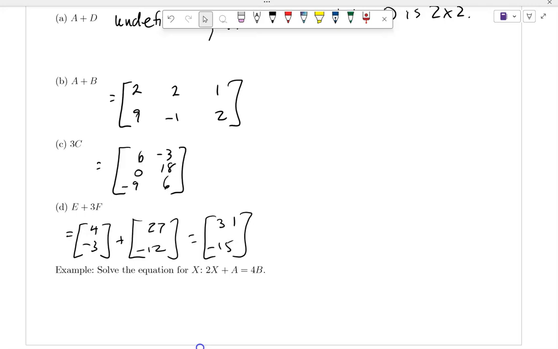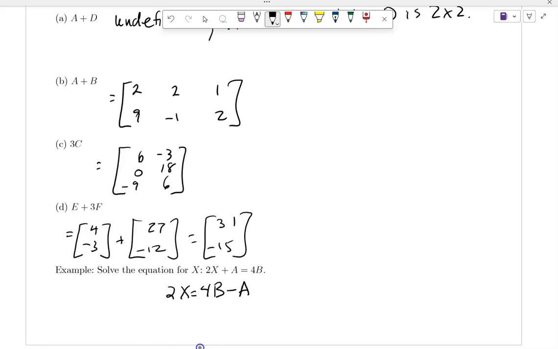I would first just isolate the x like you typically would back in Algebra 1 class when you're trying to solve for the x, and then do the answer at the end, rather than putting in the individual pieces to start with. Okay. So the first thing you would do is what? Subtract the a, good.